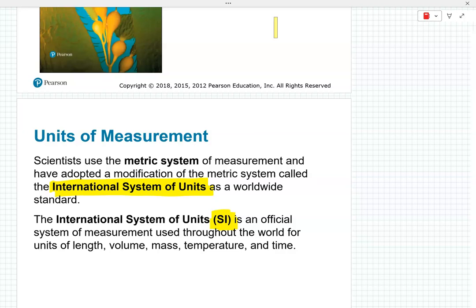In reality, when people report science or do experiments, they use all kinds of combinations of metric units because it's sometimes more convenient. Sometimes it's easier to express density in grams per cubic centimeter than in kilograms per cubic meter. Okay?